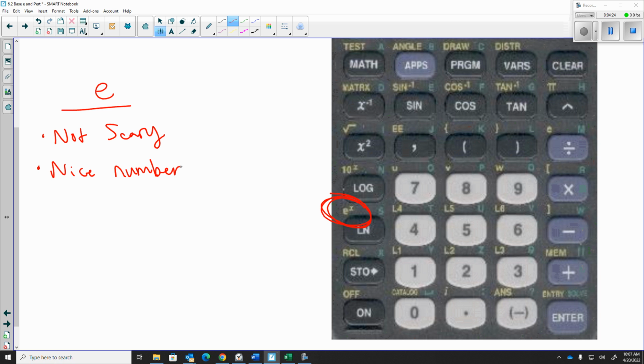It's E to the X power. You want to know what the actual number is? It is 2.7 with a bunch of stuff after that. Like pi is 3.14 with a bunch of stuff after that, E is 2.7 with a bunch of stuff after that.